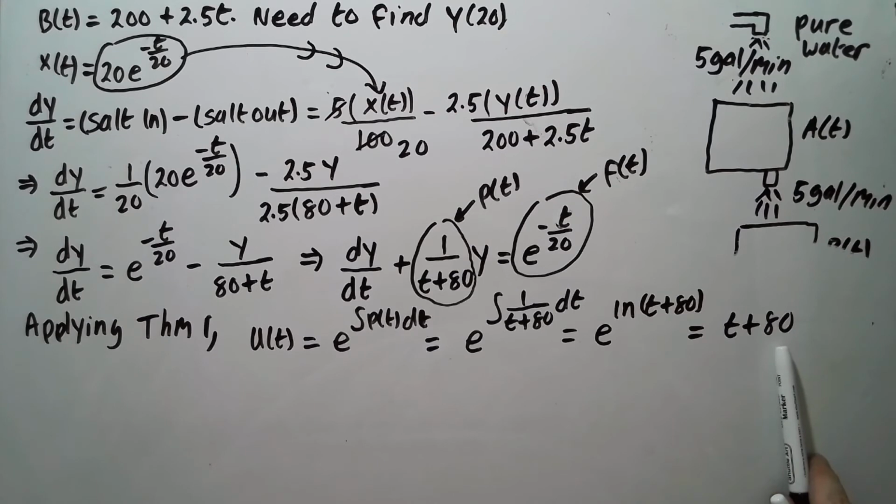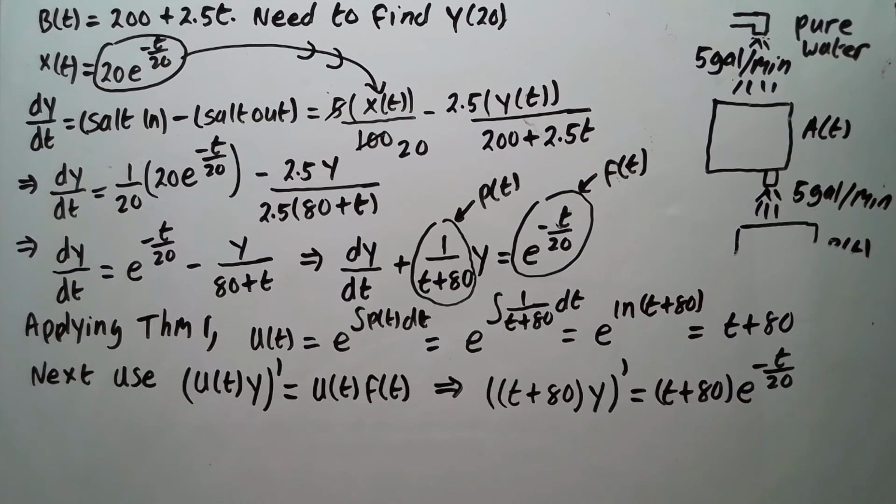Now let's apply the next part of theorem 1: u of t times y prime equals u of t times f of t. So our u we just found was t plus 80, times our y prime equals t plus 80 times our f. Our f here is e to the minus t over 20.